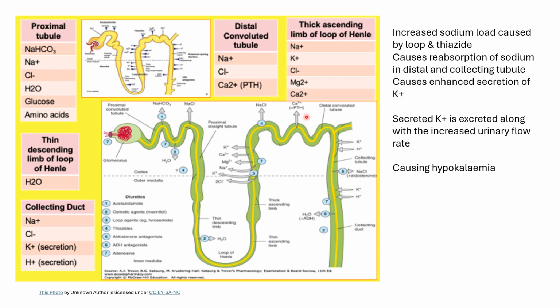However, in the case of loop and thiazide diuretics, their sites of action are proximal to the distal tubule and collecting duct. For example, thiazide diuretics act in the distal convoluted tubule and loop diuretics in the thick ascending limb of the loop of Henle. This natriuresis, or increased sodium load in the urine-forming fluid caused by loop and thiazide diuretics, causes increased reabsorption of sodium in the distal tubule and collecting duct, which in turn causes increased secretion of potassium.